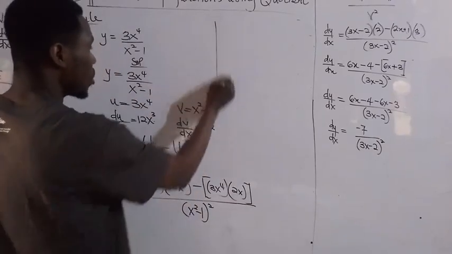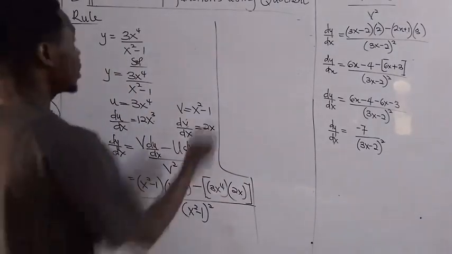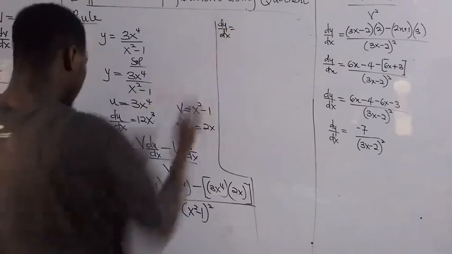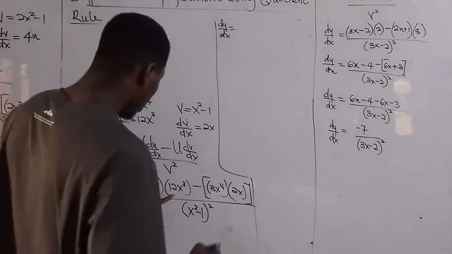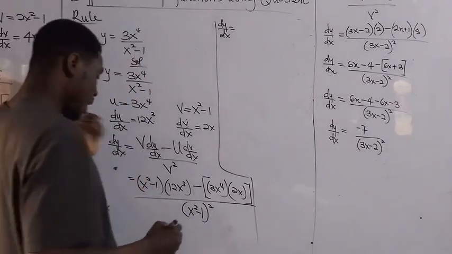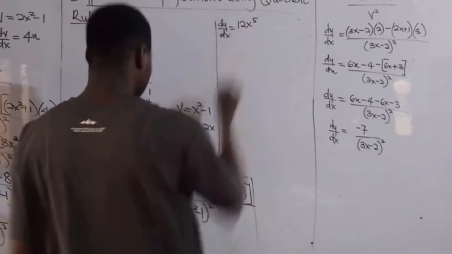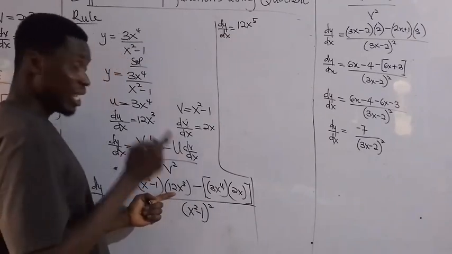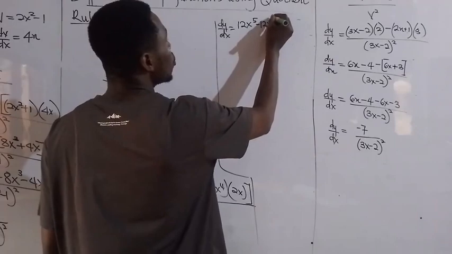Then we move forward by expanding. Our dy all over dx should be giving us x squared multiplied by 12x cubed will be giving us 12x to the 5th power. Then we have negative 1 multiplying this. It will produce negative 12x cubed, minus 12x cubed.